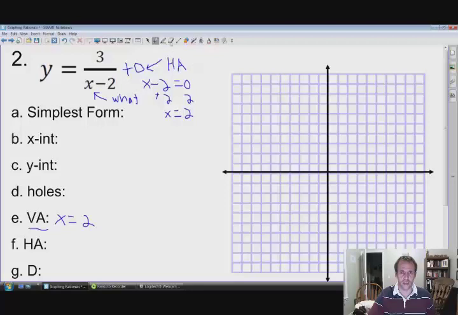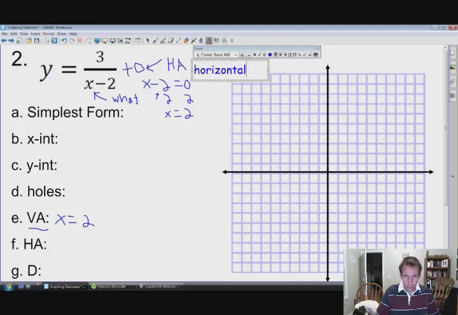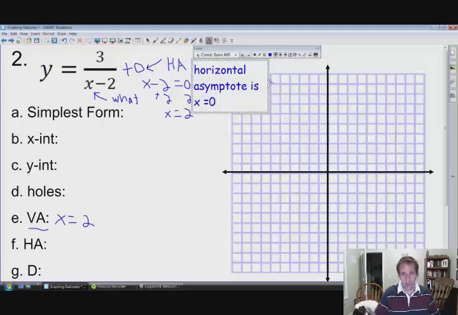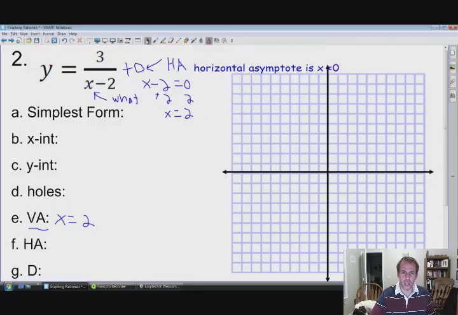So the horizontal asymptote is x equals 0. So we'll take that information and bring it down here. Horizontal asymptote equals 0.